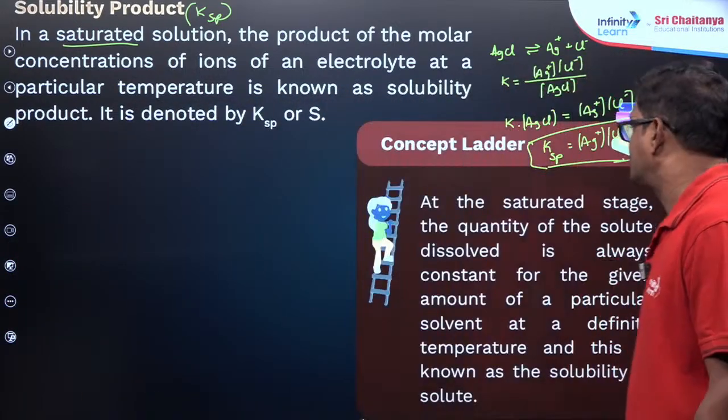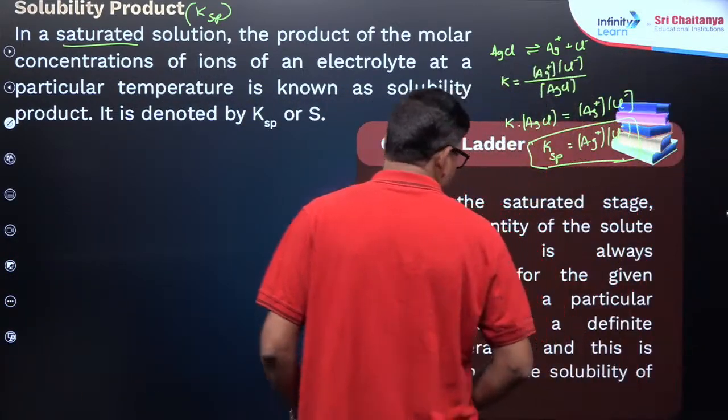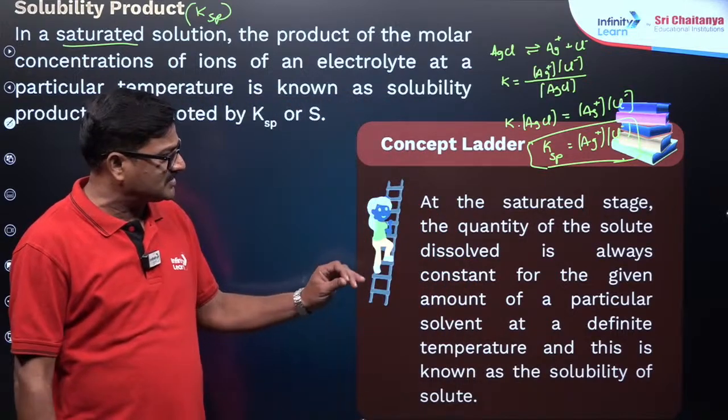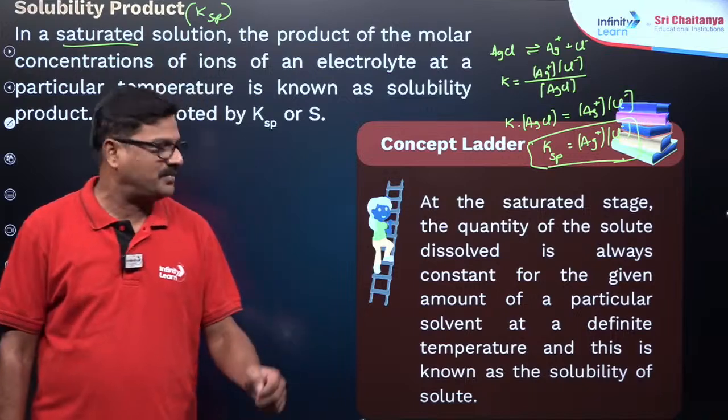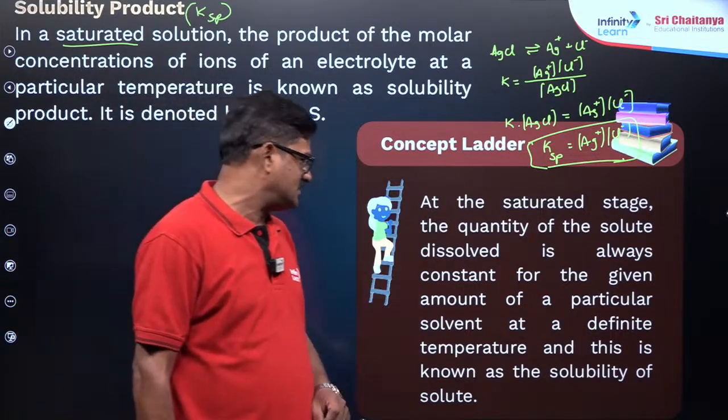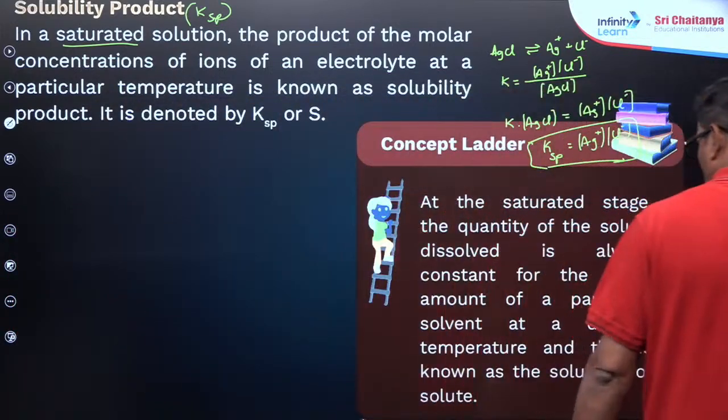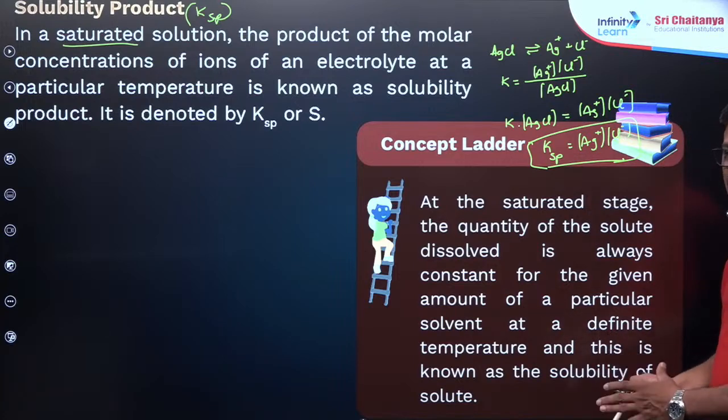At the saturated state, the quantity of the solute dissolved is always constant for a given amount of a particular solvent at a definite temperature, and this is known as the solubility of the solute.